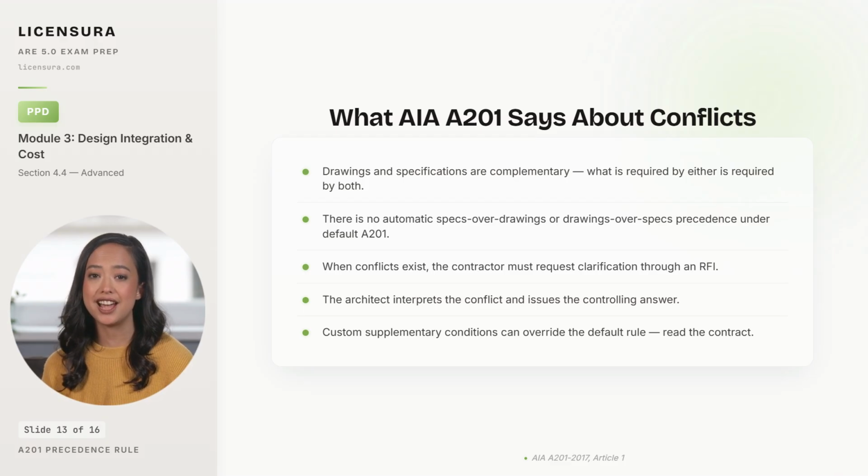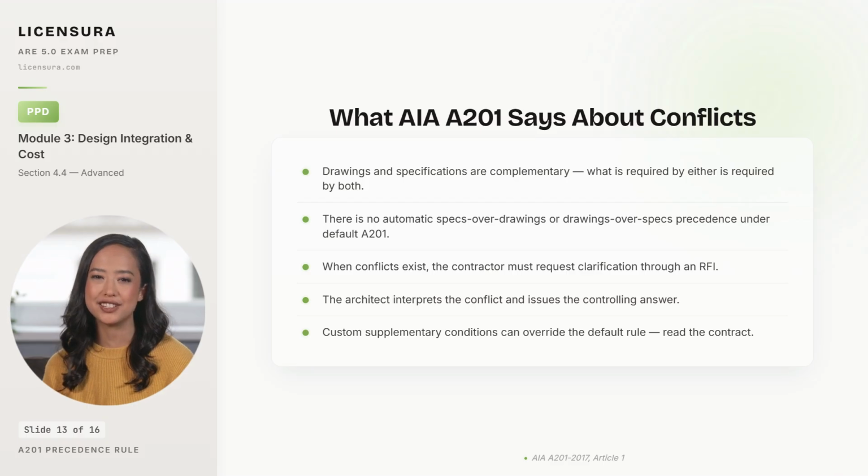Under A201, Article 1, drawings and specifications are complementary. What is required by either is required by both, and there is no automatic precedence of specs over drawings or vice versa. The widely cited myth that specs always govern over drawings is wrong on the default contract, and candidates who answer that way on the exam fail the question.